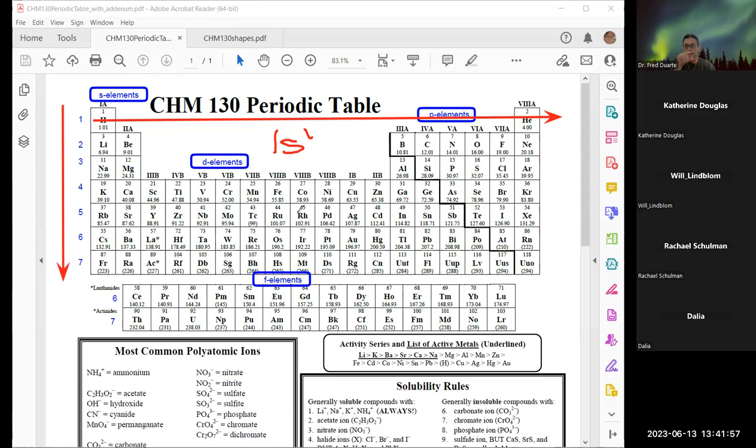The 1 represents the first energy level. There's only 1 electron, and the superscript represents the number of electrons in the S orbital.